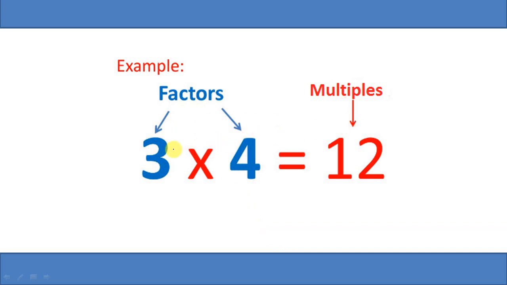So now let us see an example where we can relate factors and multiples. If I am multiplying 3 with 4, we are getting the product as 12. That means 3 and 4 are the factors of 12 and 12 is the multiple of 3 and 4.